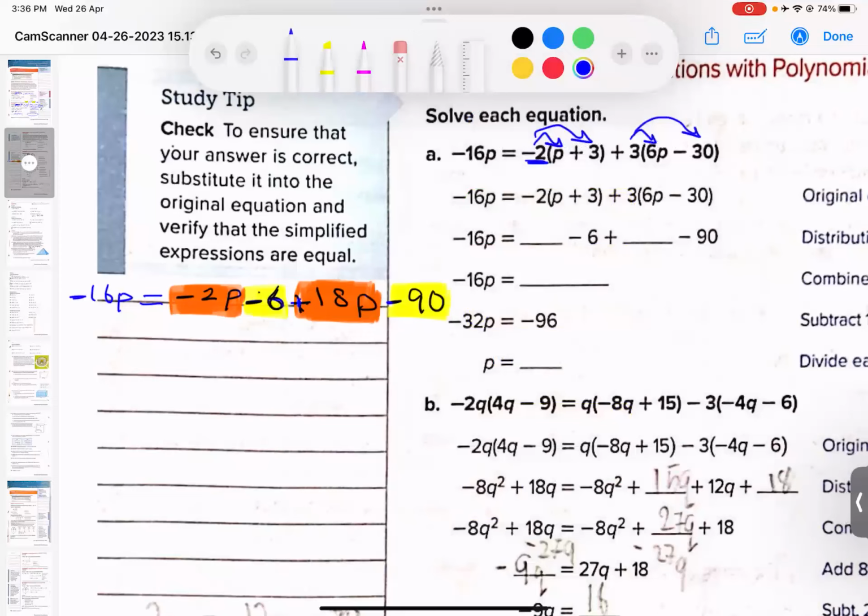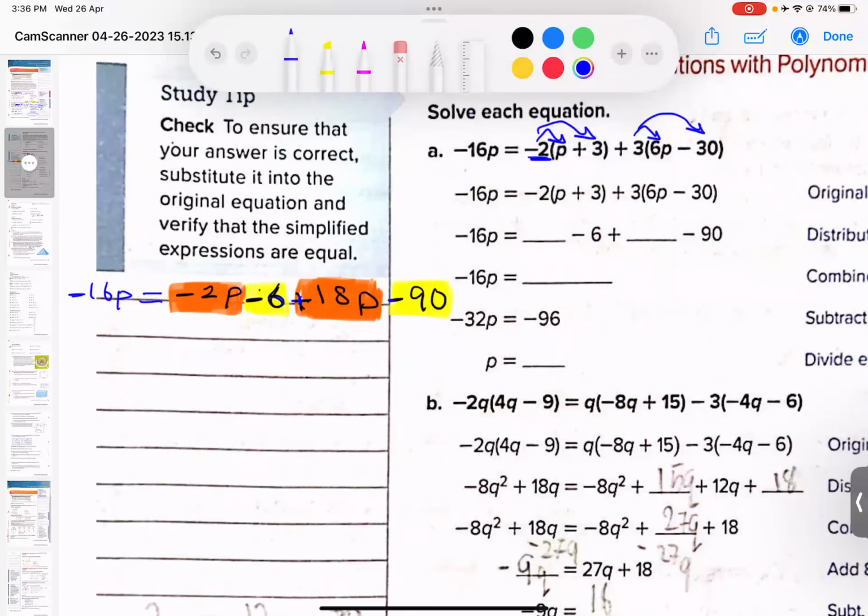So we have 18p minus 2p. Yeah, exactly. 16. What do you say? 16, yeah, 16p. And on the left-hand side, we get the same thing. We got -16p. I haven't changed anything.